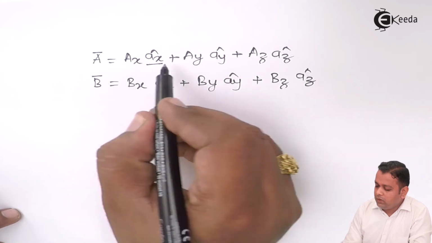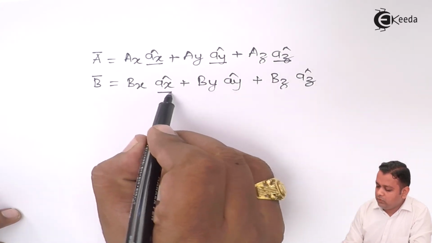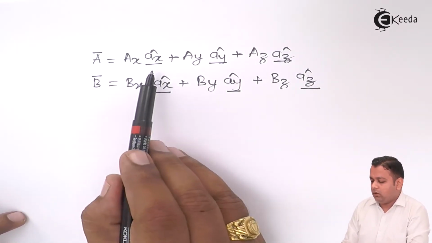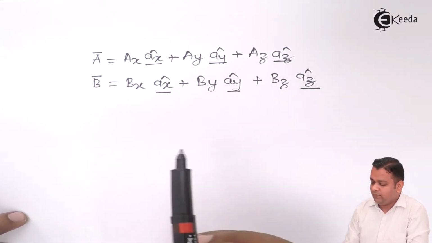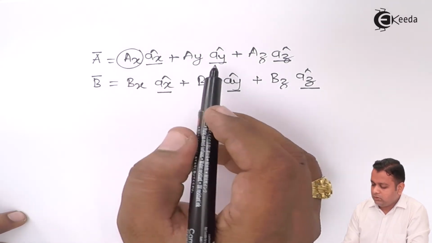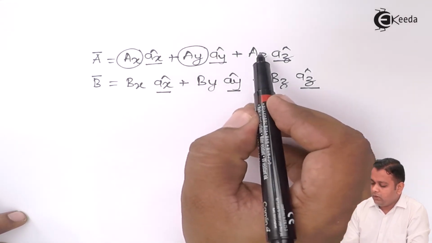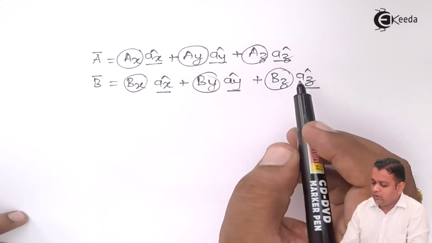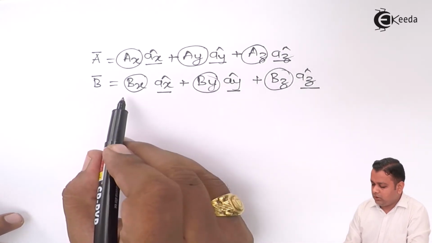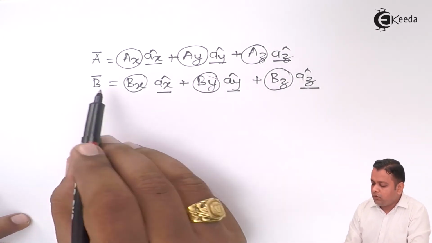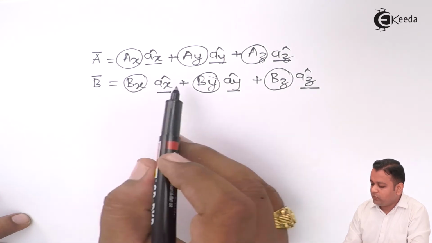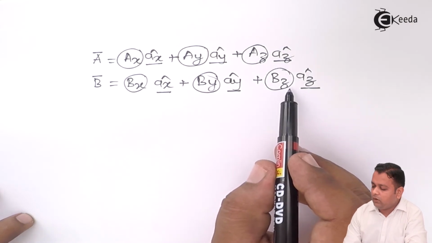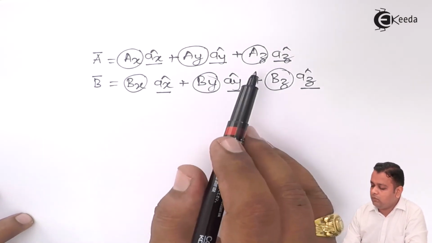So here ax cap, ay cap, az cap in both cases are the same. These are the unit vectors aligned along the x-axis, y-axis and z-axis. Now capital Ax, Ay, Az or Bx, By, Bz are the coefficients of this vector, or this is the component of vector b along the x-axis, component of vector b along the y-axis, component of vector b along the z-axis. Similarly for vector a also.